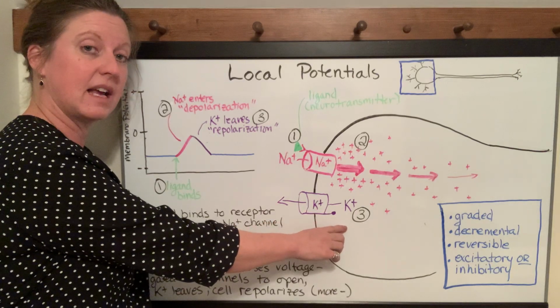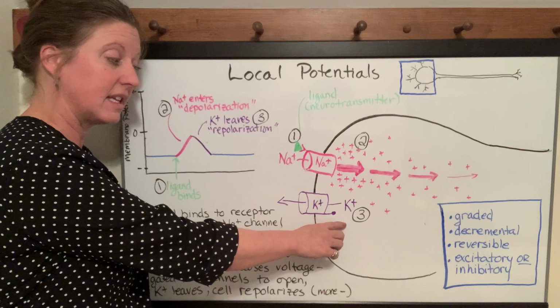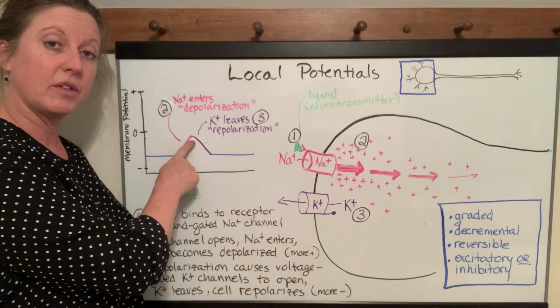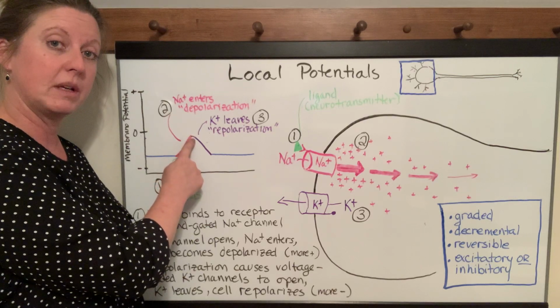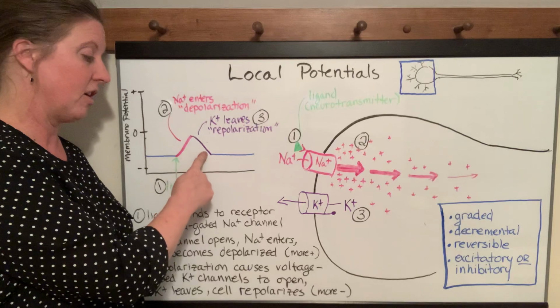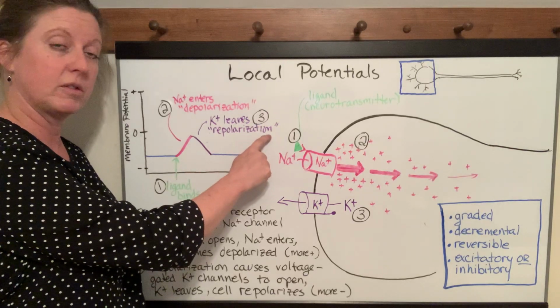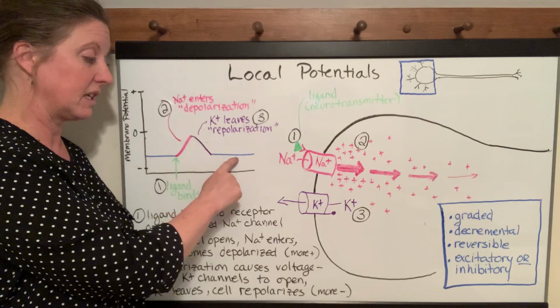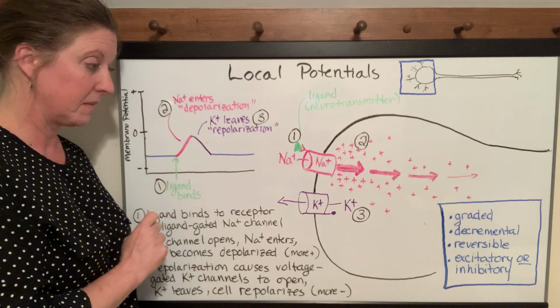That means that the inside of the cell is losing positive charges, which makes the inside of the cell more negative again. And if we look at what happens on the graph with the electrode, as soon as the potassium channels open and potassium leaves, the cell becomes more negative again. And we call this repolarization because it is returning to its resting membrane potential, becoming more negative again.